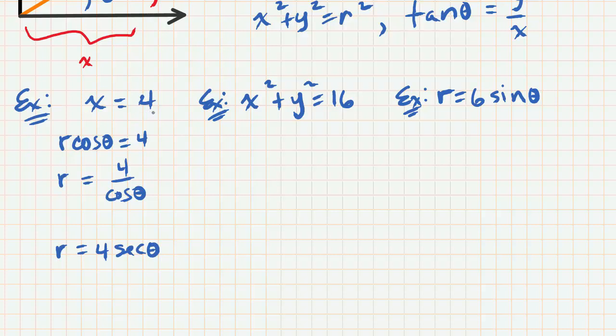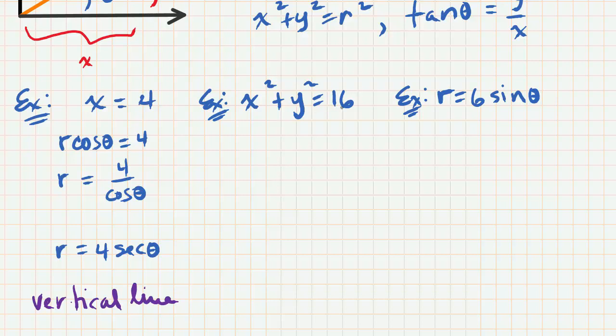If this was x equals 5, we would end up with 5 secant of theta. If x was equal to negative 10, this would be negative 10 secant of theta. So this is how we are going to write vertical lines in polar coordinates.